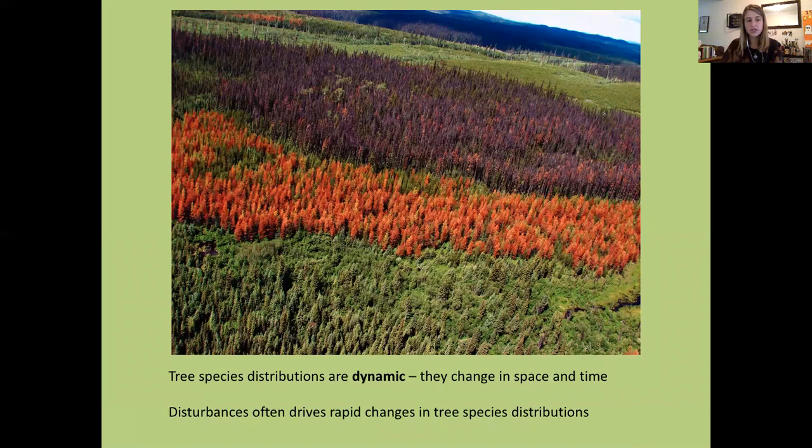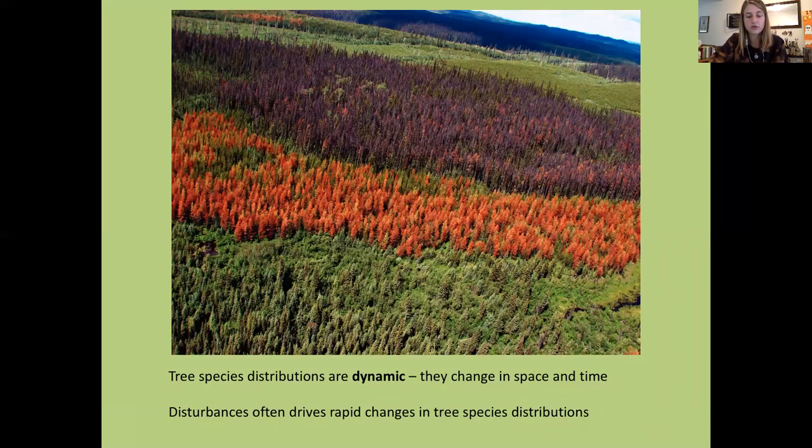So these tree species ranges are dynamic. They're changing in space and time. If you looked at the record 100 years ago, the forests and species look pretty different than they do today, and that's because of things like climate change, which changes the species distribution, and human intervention also has a pretty huge impact.